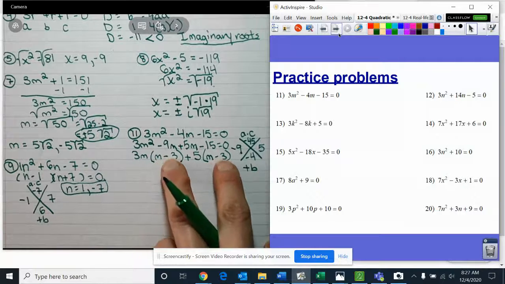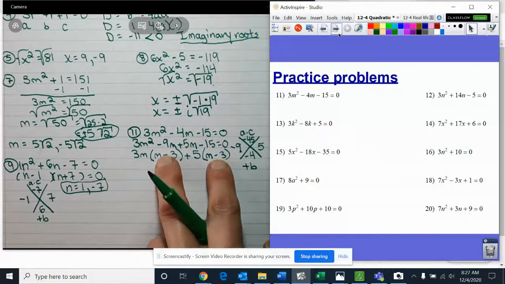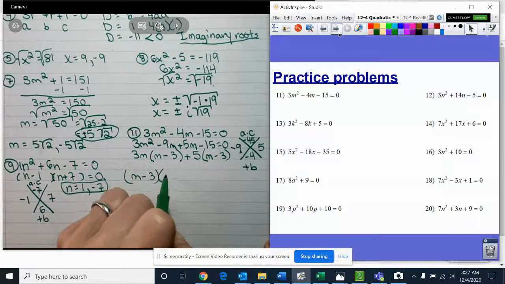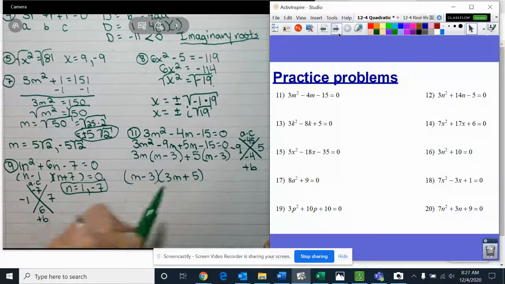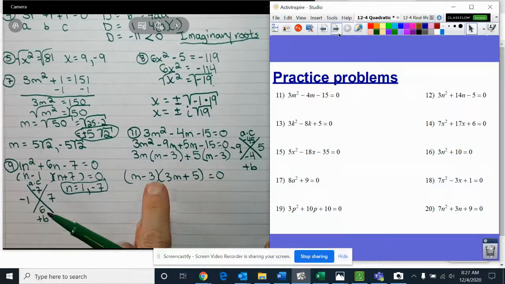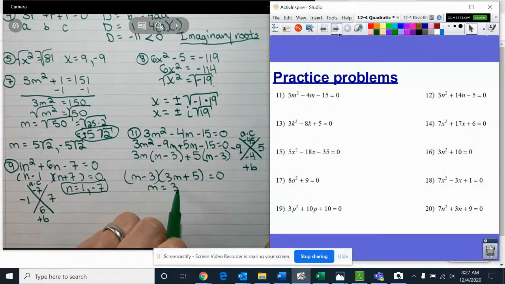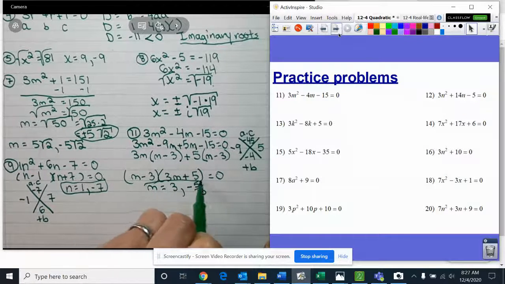Remember that this is your greatest common factor of the groups. So m minus 3 times 3m plus 5 equals 0 is our factored form. And our final answers will be a positive 3 and a negative 5/3.